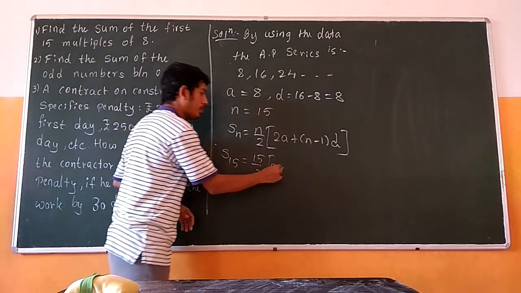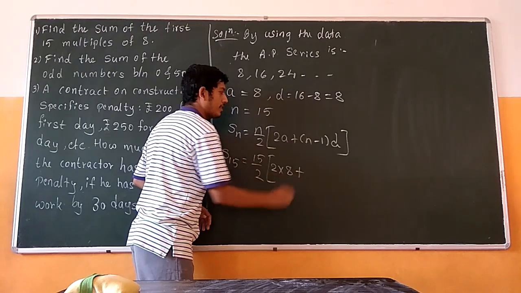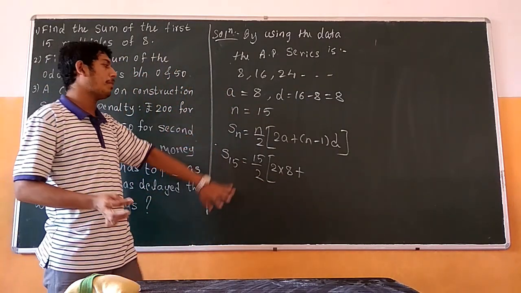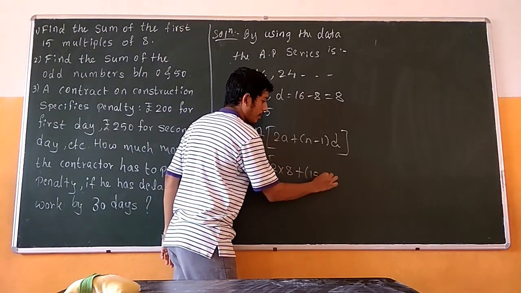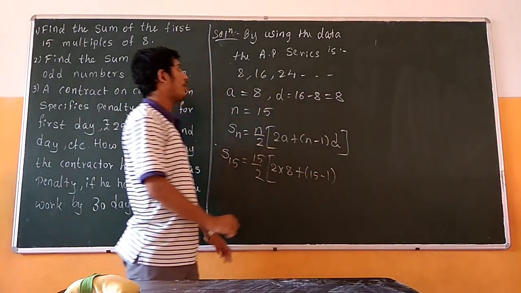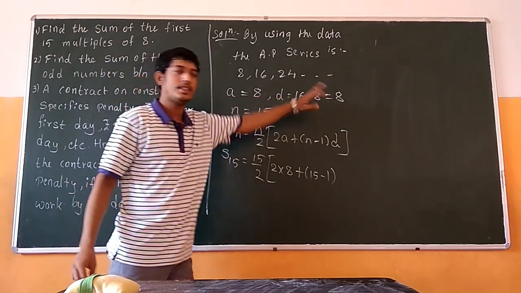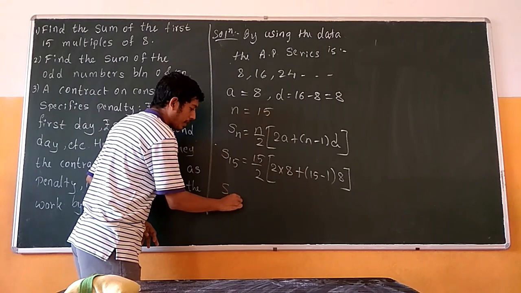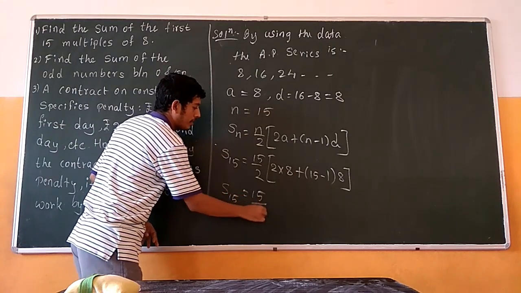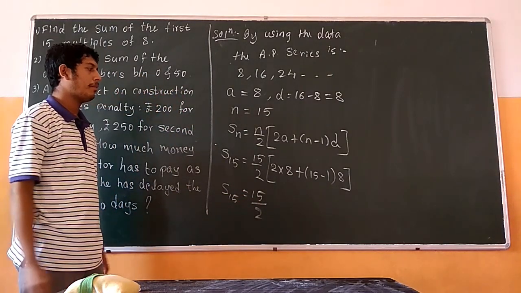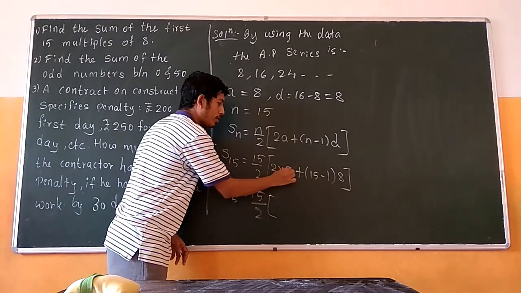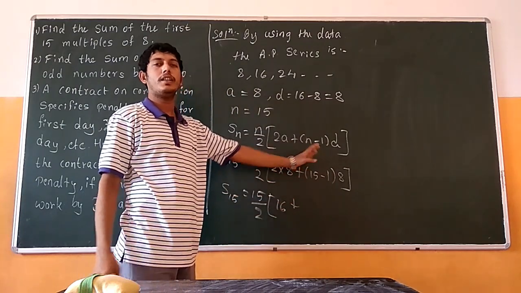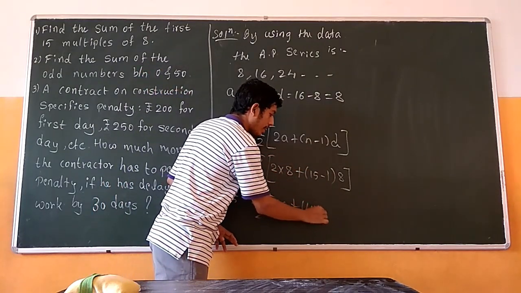So I will substitute a as 8, plus n minus 1. The value of n is 15, so n minus 1 becomes 15 minus 1, and the value of d, the common difference, is 8. So S15 becomes 15 by 2 into 2 times 8, that is 16, plus 15 minus 1, which is 14, into 8.